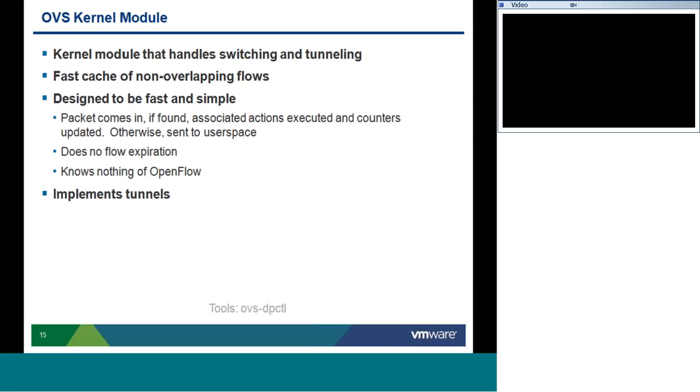Before, there was a GRE implementation in the kernel, and we had our own GRE, and the same with VXLAN. We worked with the Linux kernel community and got to a point where there's common code that implements those things, and the standard Linux GRE way to interface with it, and OVS uses it as well.